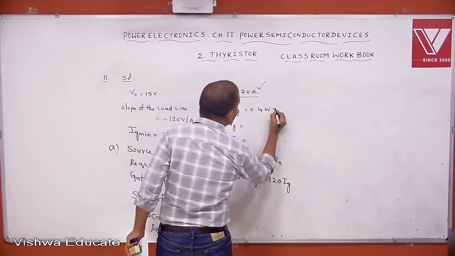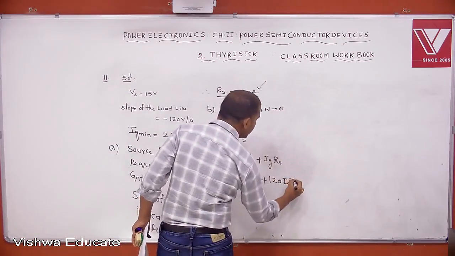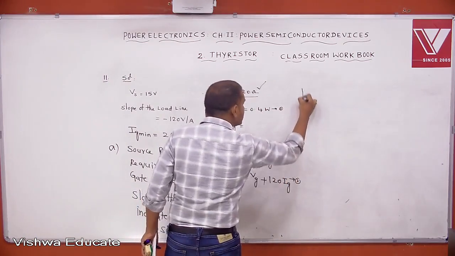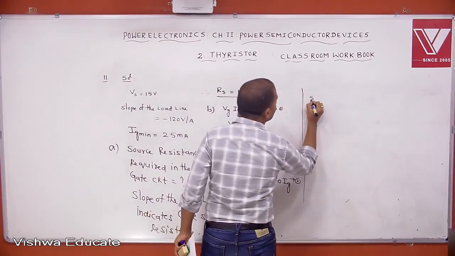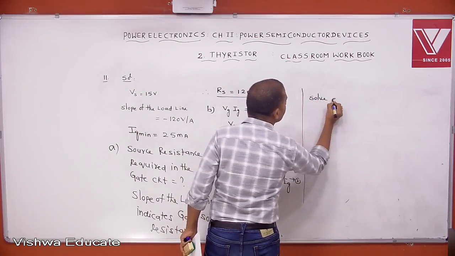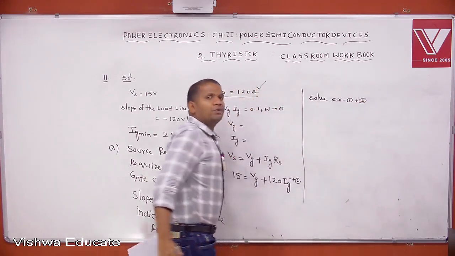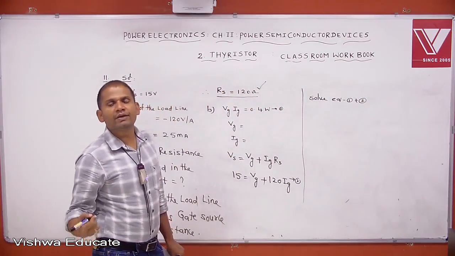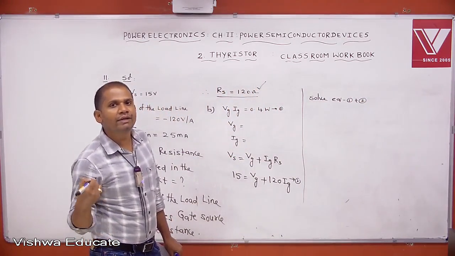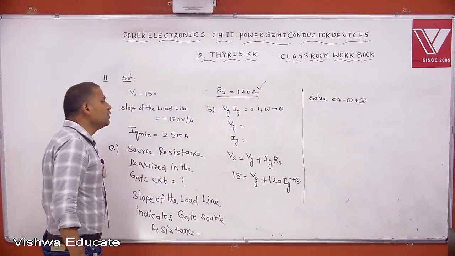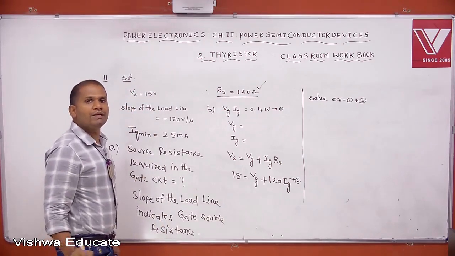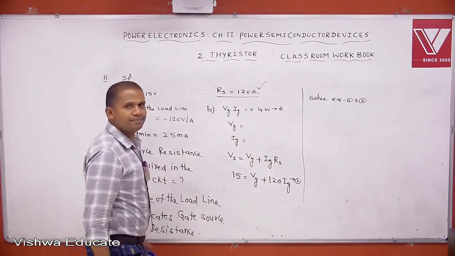Let this be equation 1 and Vg times Ig equals 0.4 be equation 2. Solve equations 1 and 2: two equations, two unknowns, and we can get Vg and Ig.